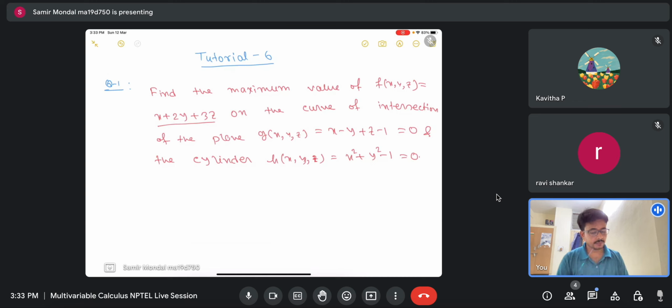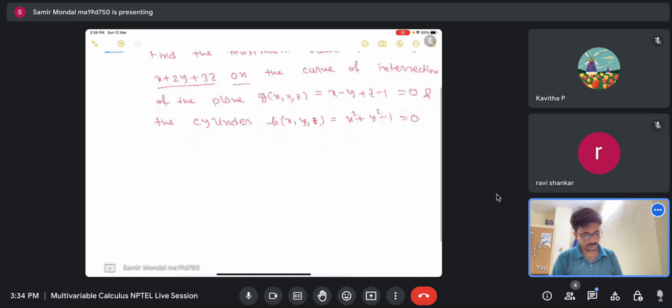We have to find the maximum value on the curve of intersection of the plane and the cylinder. Where your plane and cylinder cut, on that curve you have to find the maximum value of this function. So we know the method.